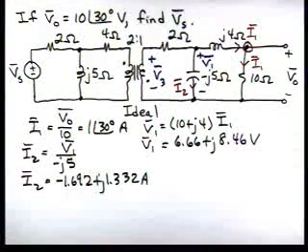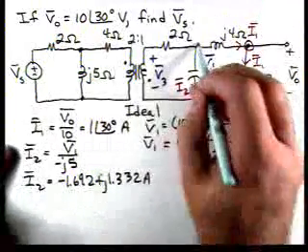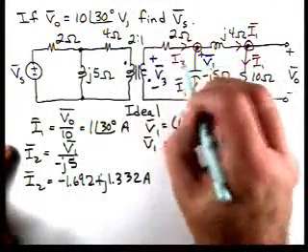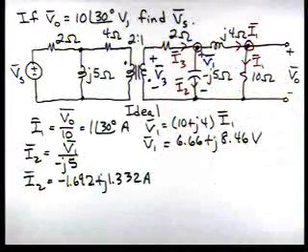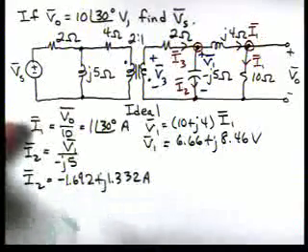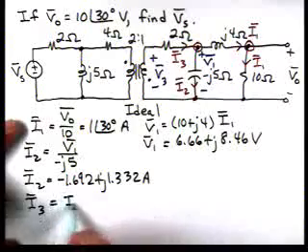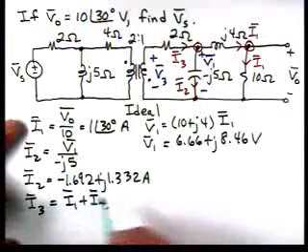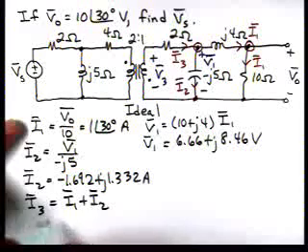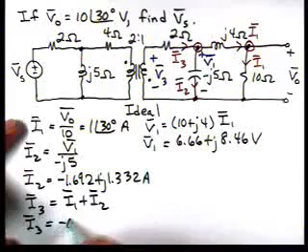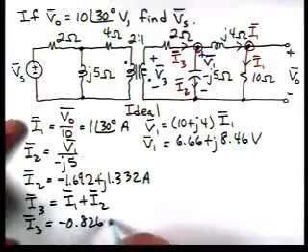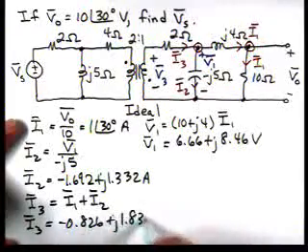And we'll also need to get this current here, I3, first before we can calculate V3. So if we look at our circuit, then I3 is I1 plus I2, and that gives us that I3 is minus 0.826 plus J 1.832.